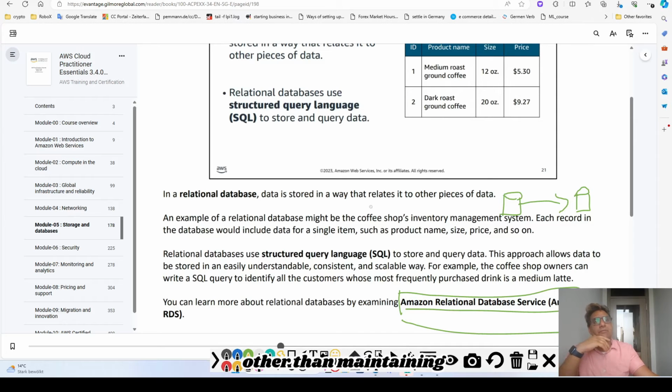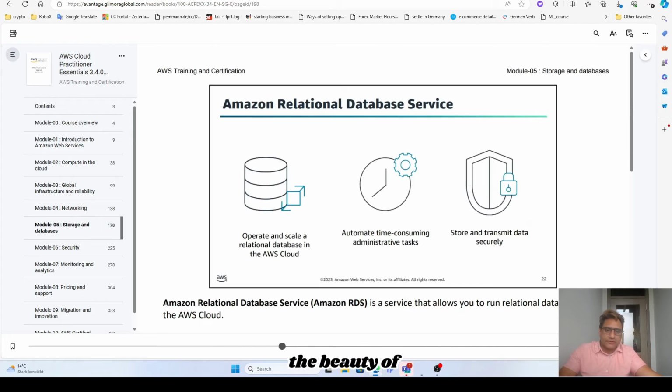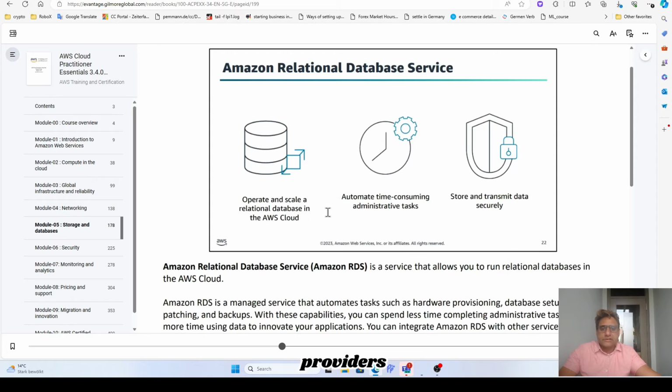And other than maintaining the cost of the warehouses and buildings, a million euros of cost, nowadays it's just a matter of some clicks and your service or your app is live. So life is easier now, and this is the beauty of cloud service providers.